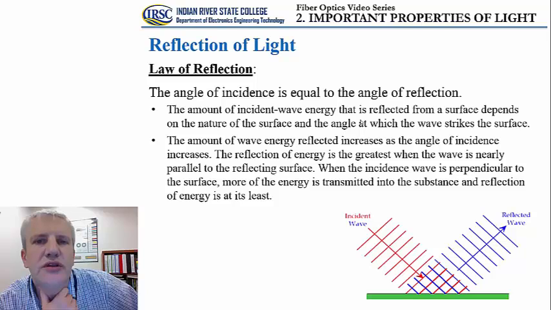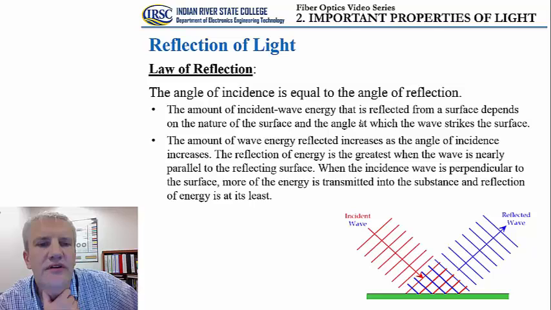We have already introduced a few specific phenomena that describe the interaction of the light with the supporting medium. One of the phenomena was reflection. This slide established a certain law that defines how the light behaves as it reflects from a certain surface or medium.